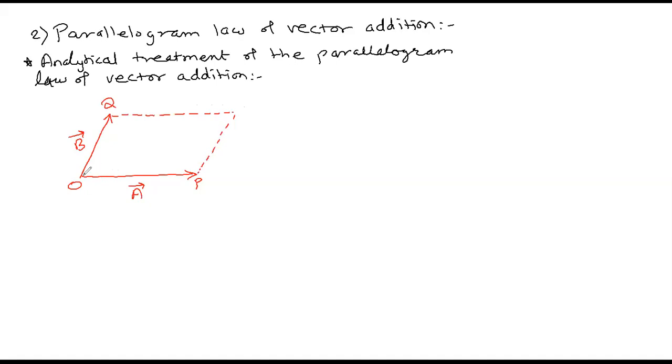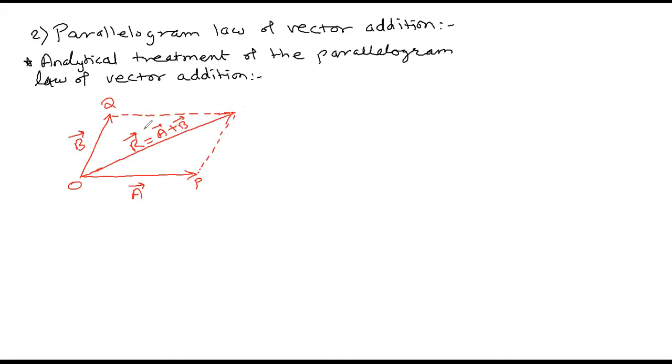And the resultant, or the diagonal, is R, which is equal to vector A plus vector B. Ultimately, I am using most of the part of the triangle law of vector addition here.